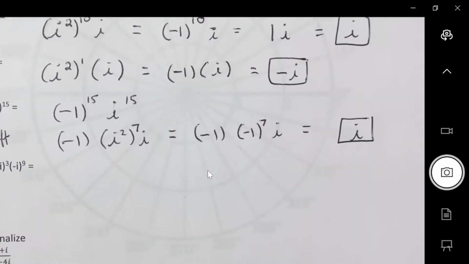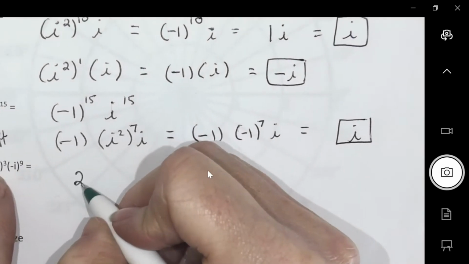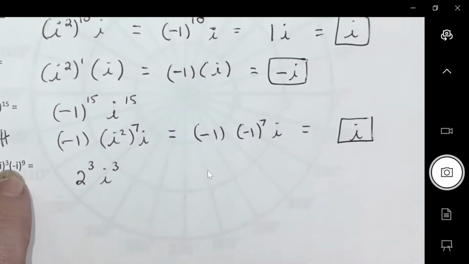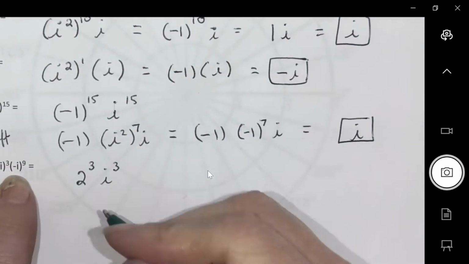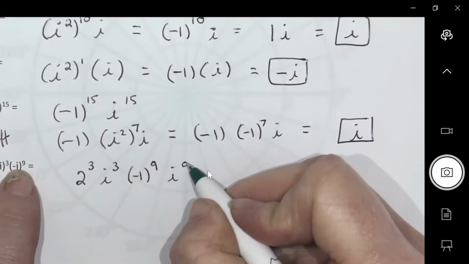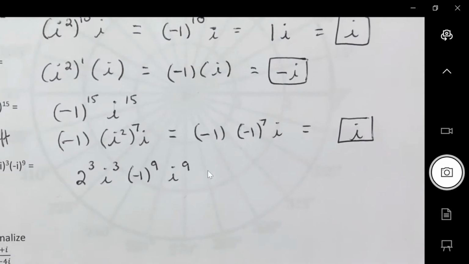Okay, last one, so coefficient part, the i part. So I'm going to have a 2 cubed, an i cubed. I'm going to have a -1 to the 9th and an i to the 9th. Right, because everything gets cubed, so you're still going to have to cube the 2 in the front.